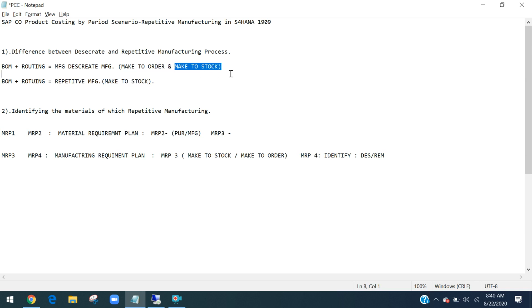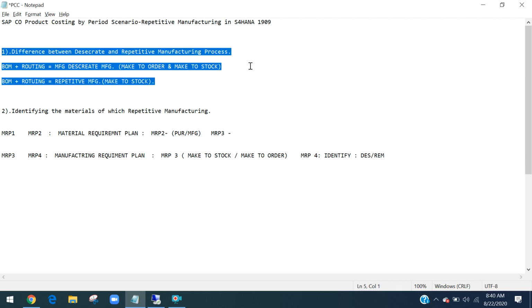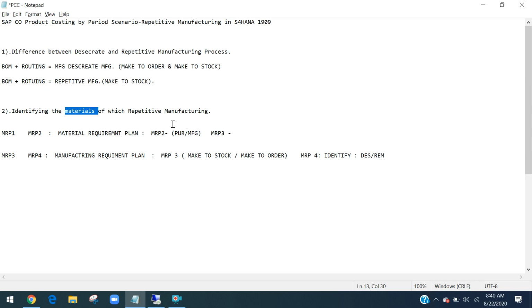Make to stock means then it will go for repetitive manufacturing or discrete manufacturing. Once we identify the difference between discrete and repetitive, and make to order, make to stock, then how the system is going to identify materials as repetitive and discrete manufacturing with make to stock, make to order.